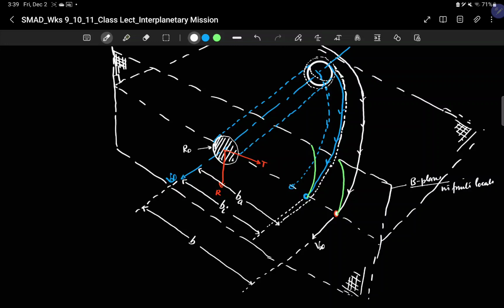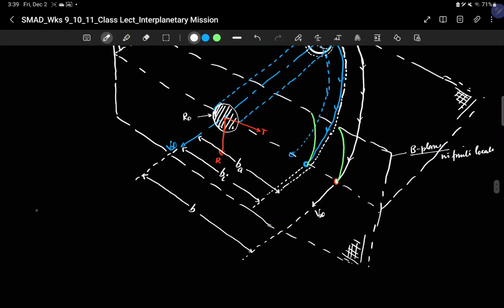Why was it at an angle? Because if you remember, when we calculated the orbit, let's say that was the Earth and this was Venus, we had the two orbits in two different directions. The Earth had an orbit in this direction.